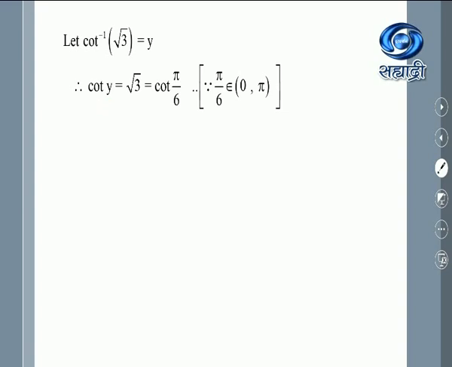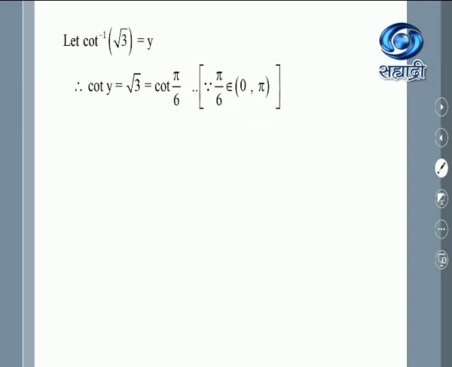You know cot of pi by 6, that is cot of 30 degrees, is equal to root 3. Okay? Pi by 6 belongs to the open interval 0, pi. This is the principal value branch of cot inverse.